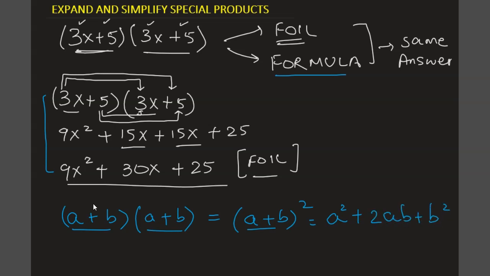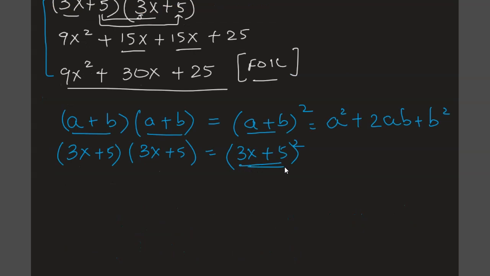Coming back to the same question, we have 3x plus 5 times 3x plus 5, which can be written as 3x plus 5 whole square. So whenever we are like this, we can apply the formula and we can say a is 3x. We can put 3x squared because this is a square. Then we can do 2 times a is 3x, b is 5, plus b squared.